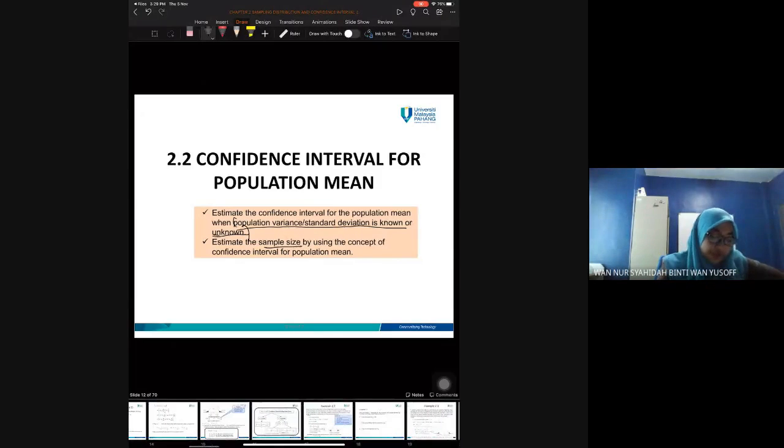That's why, if you already watched the video, the first step that I said is you have to extract the information. Based on the information, we decide which formula we need to use, and also what parameter we need to estimate. Once we know what parameter we need to estimate, then we know which formula we have to consider.